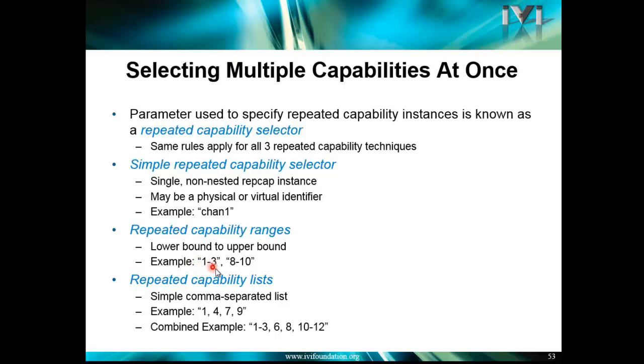So for instance, 1 through 3 or 8 through 10. Obviously this only makes sense when the repeated capability is accessed numerically, and that's primarily only going to happen when you're referring to a switch of some sort or a switch matrix. But in terms of referring to a range of switches, that's done this way. And of course you can comma separate multiple ones of those to build more interesting lists.